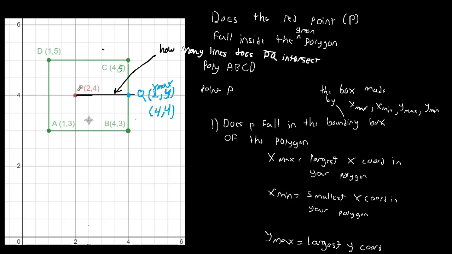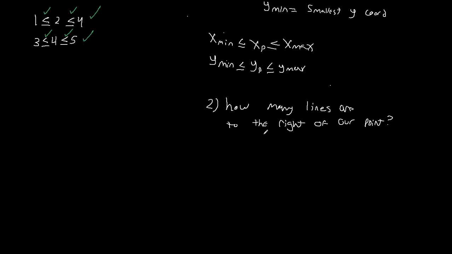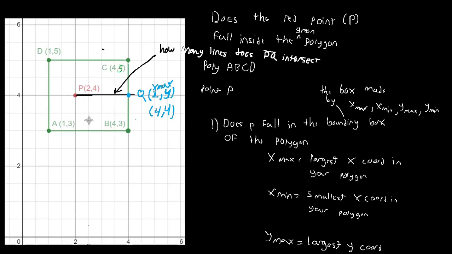This question, how many lines does PQ intersect, is the same question as how many lines are to the right of our point. Those two questions are the same thing.